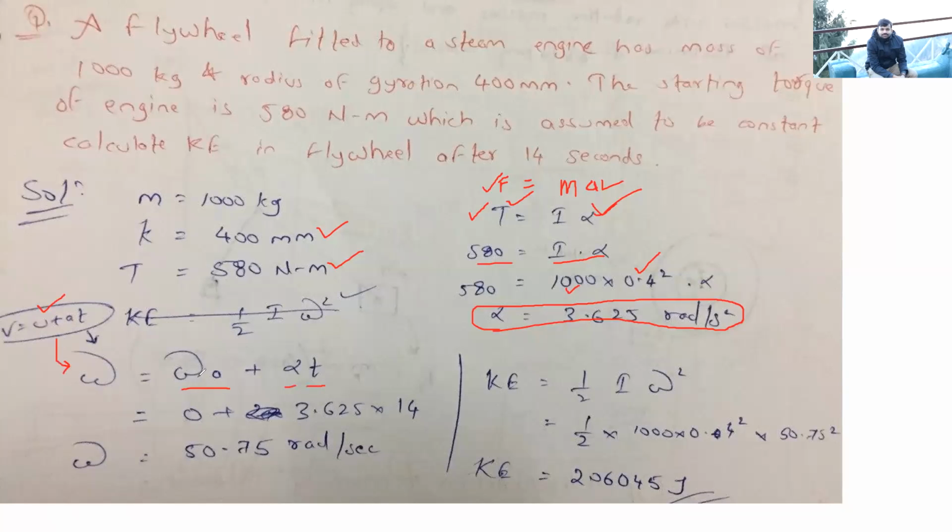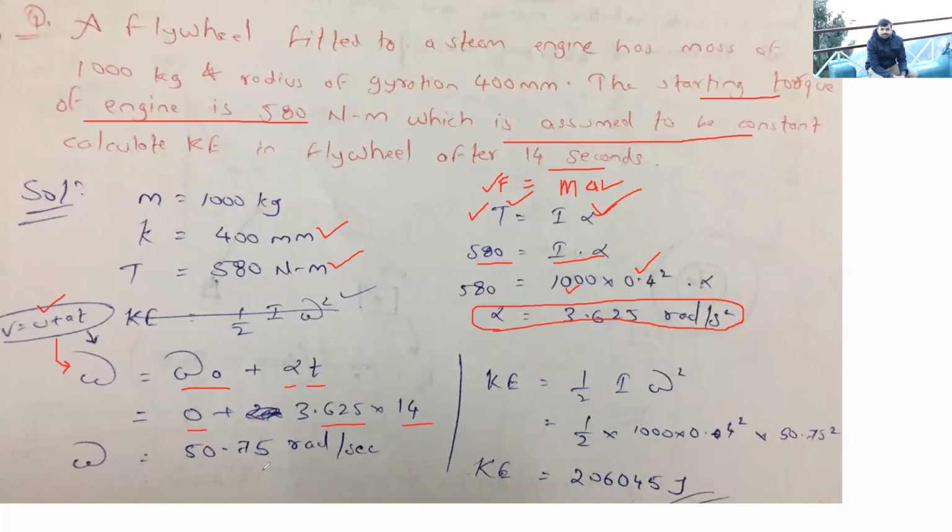Since there is no initial speed, omega 0 is taken as 0. So we find that omega is equal to alpha multiplied by t, and this time of 14 seconds is given to us.